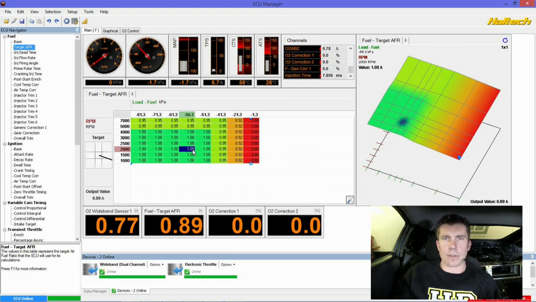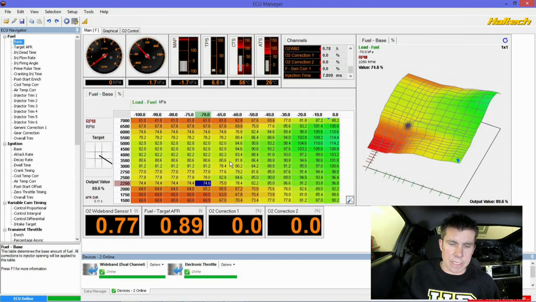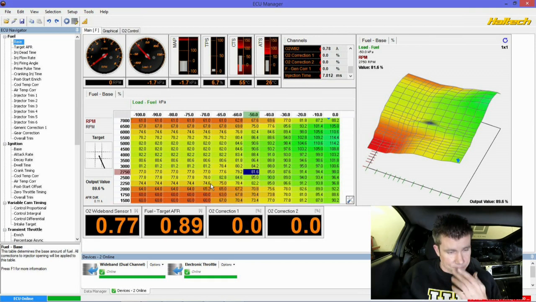What we're trying to do, as you may already be aware, is tune the numbers in our base fuel table until the measured lambda value, which you can see down here, matches our target. And when we've done that, that means that the volumetric efficiency of the engine is tuned correctly.